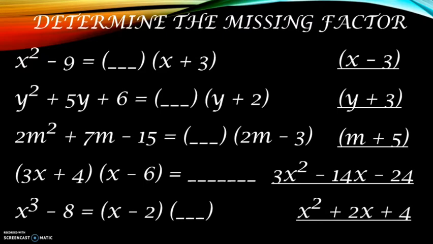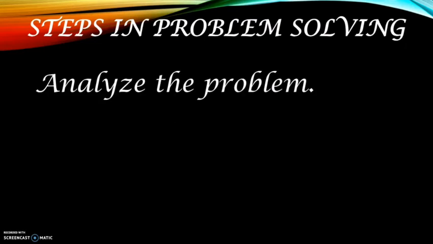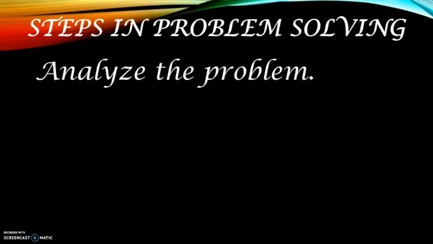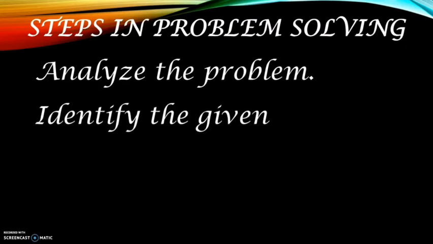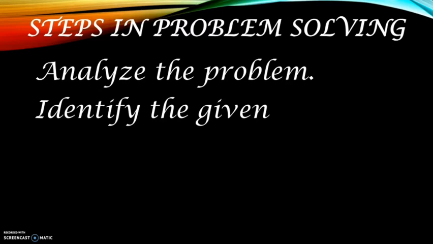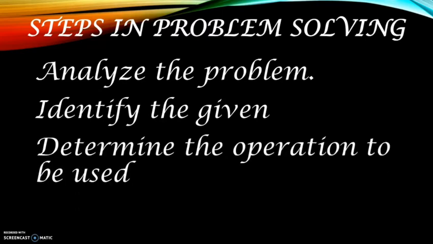Okay, since we're done with the short review on factoring polynomials, let us now enumerate the steps in solving word problems. Number 1, analyze the problem. Number 2, identify the given. Number 3, determine the operation to be used.